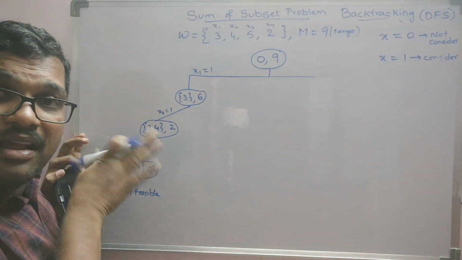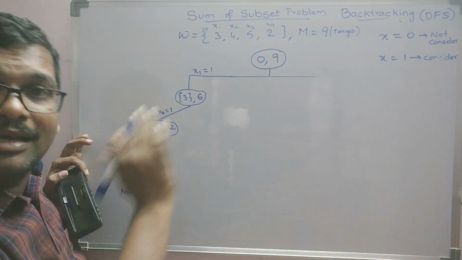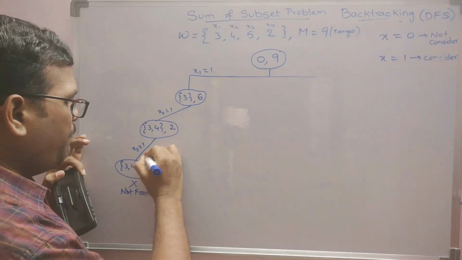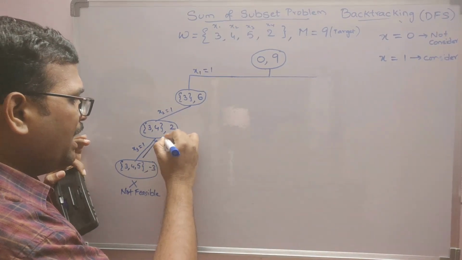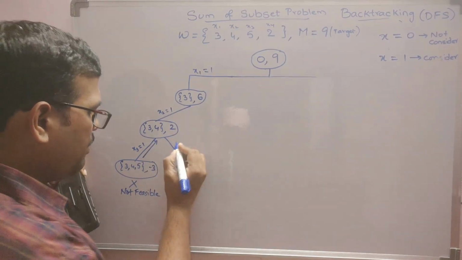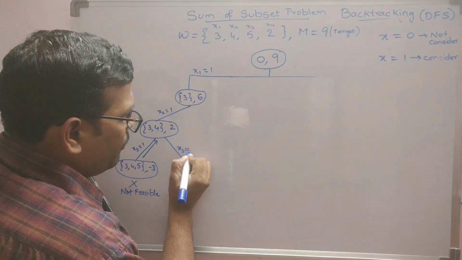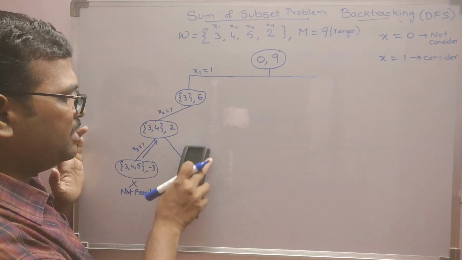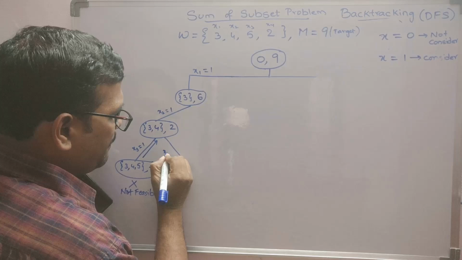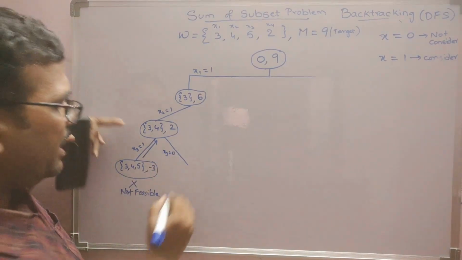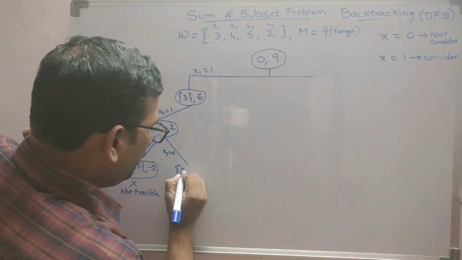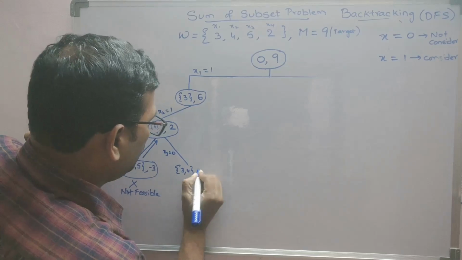So what we have to do? We need to backtrack and move in another direction. So backtrack towards this one and let us consider x3 is equal to 0, that means without considering x3. Without considering x3, we are moving with 3, 4, 2.